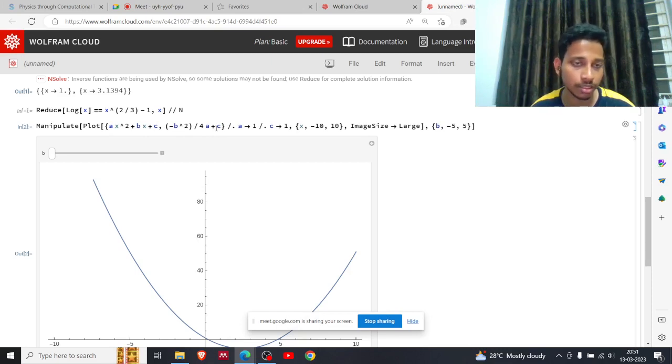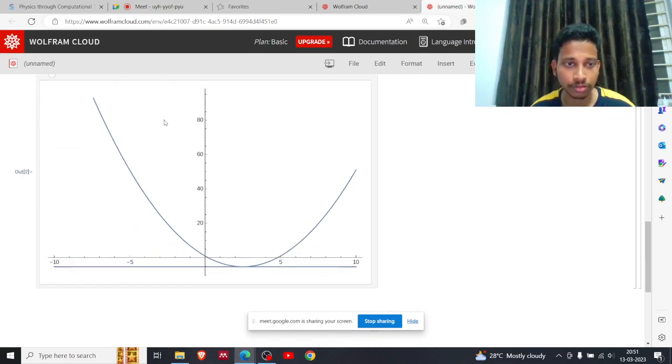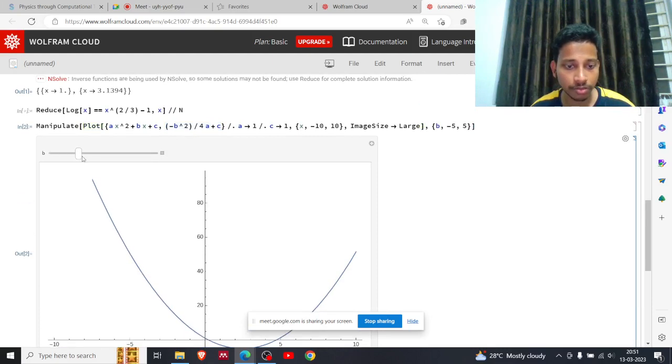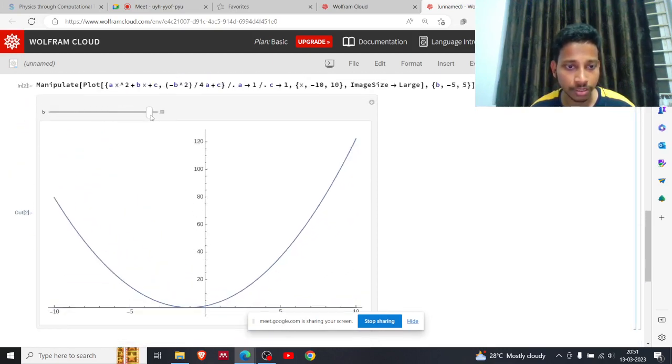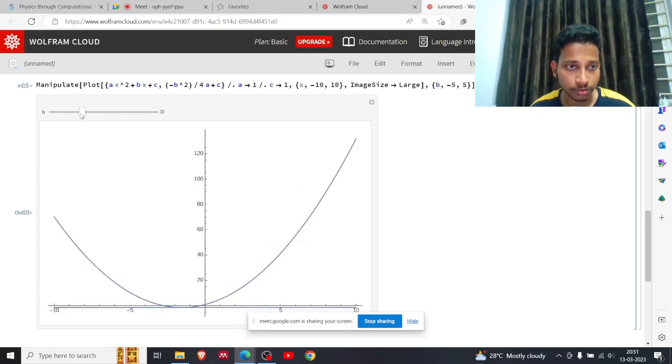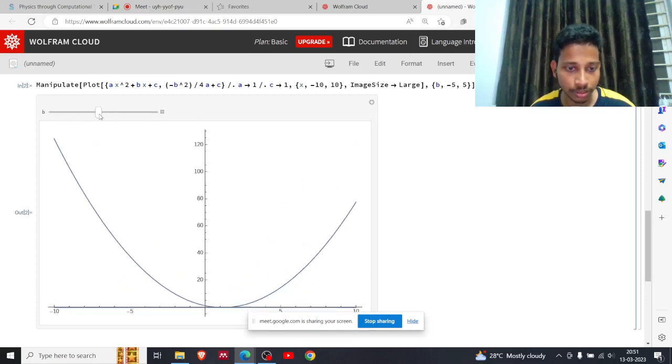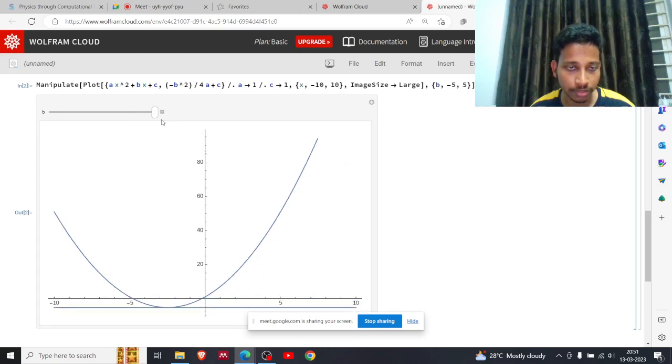The minimum value of the perfect square part will be 0, and this is the term that you are left with. So now if I change the value of b, you can see that at every value of b, this parabola is touching that straight line, that is minus b square by 4a plus c.